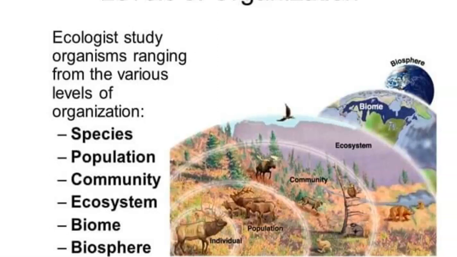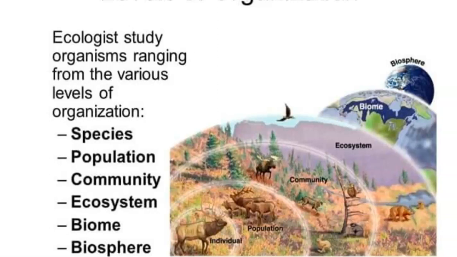And then when we get even bigger, we talk about the ecosystem. The ecosystem is commonly like what the previous photographs I showed you. The ecosystem could be a desert ecosystem, it could be a rainforest ecosystem, different places where these animals live.